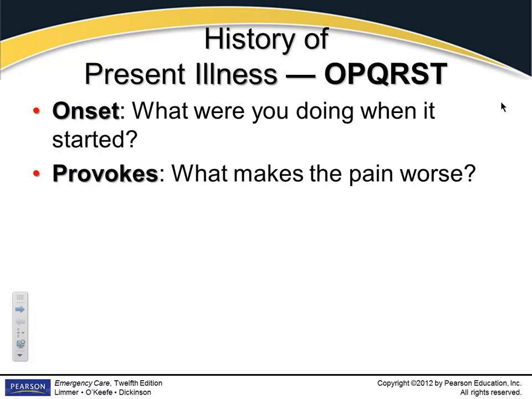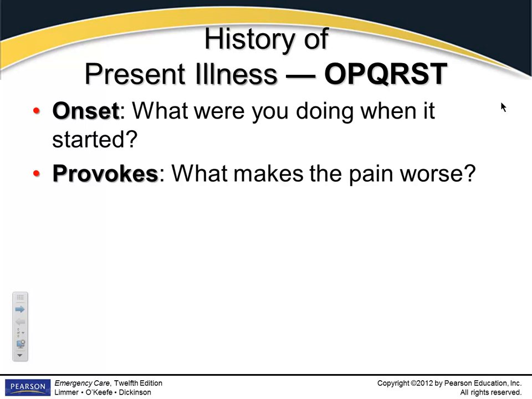P is provokes? What makes the pain worse? Also, P is palliates. I don't know if I can spell that. Does that look right? Palliates. What does that mean? You know what palliative is? Palliative is comfort measures.